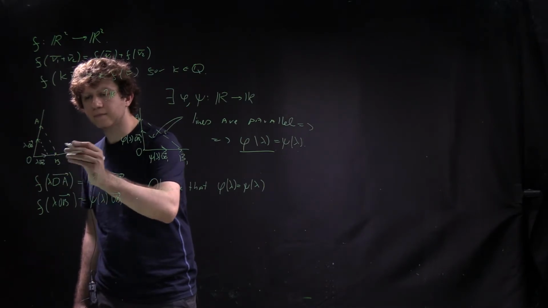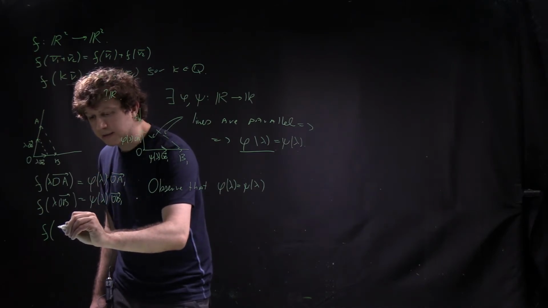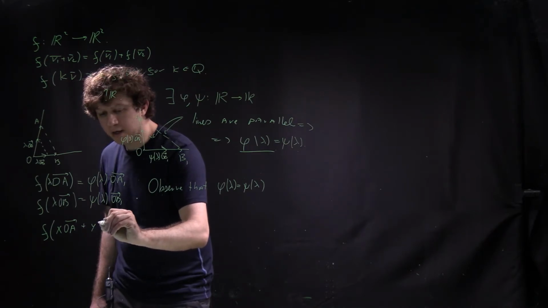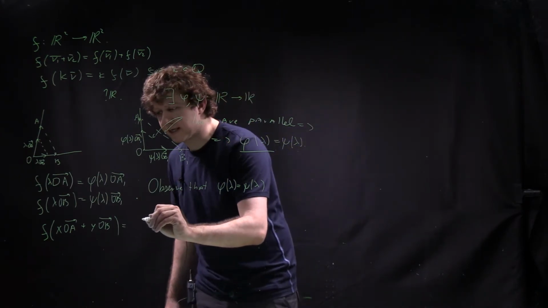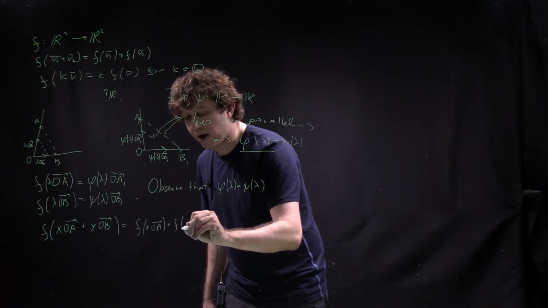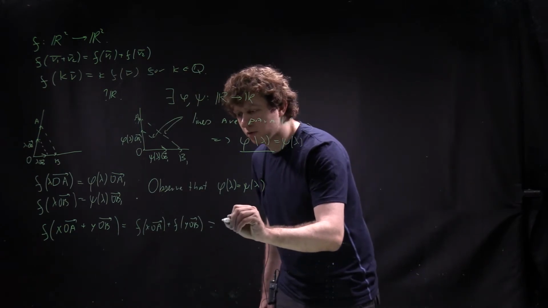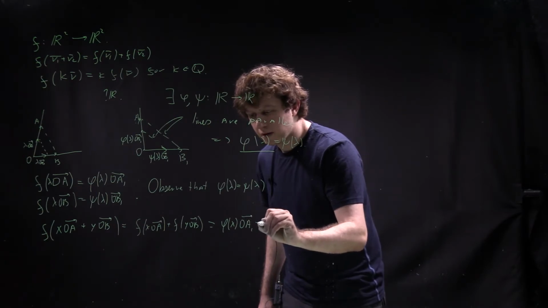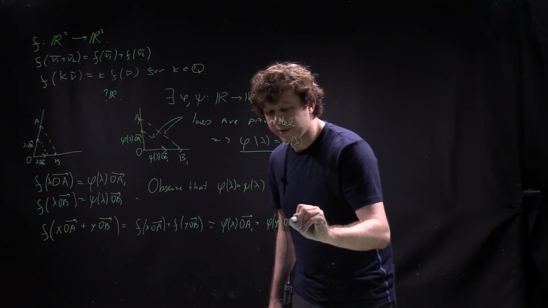If I take f of any vector, say x OA plus y OB, I know where it will go, because first I can say it goes to f of x OA plus f of y OB, and then applying the previous statement, it goes to phi of x OA1 plus phi of y OB1.